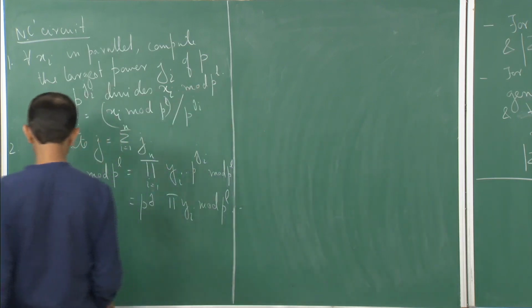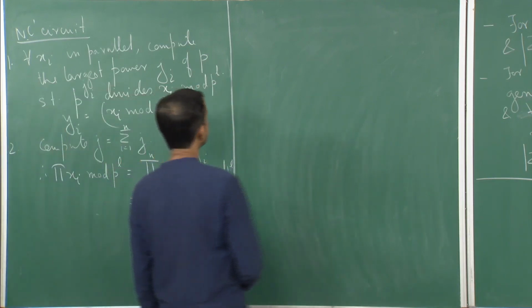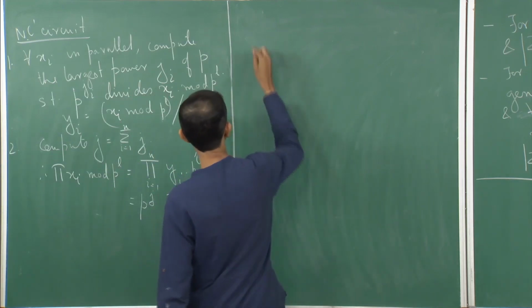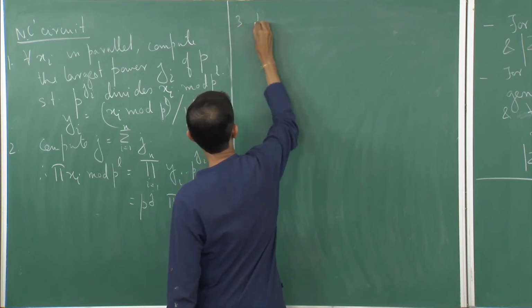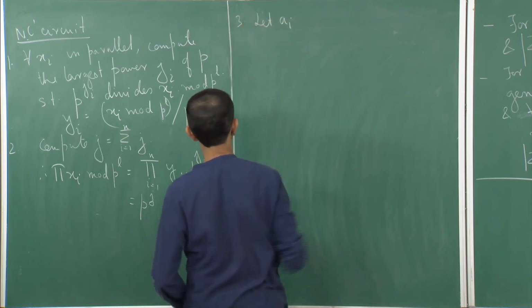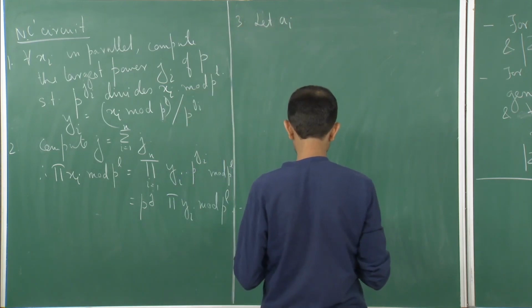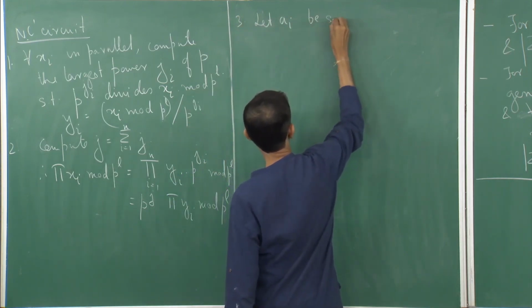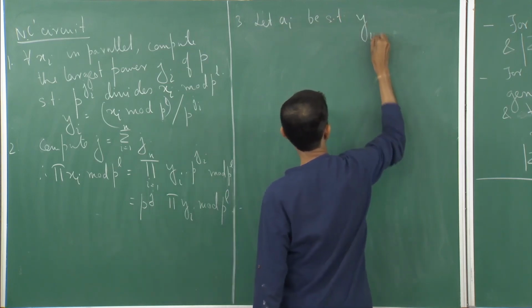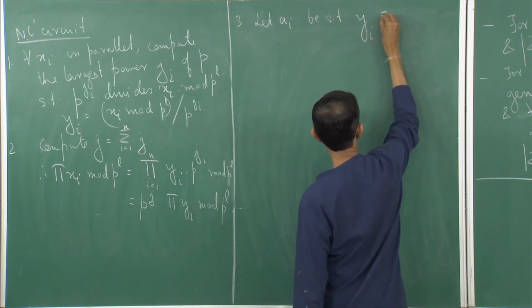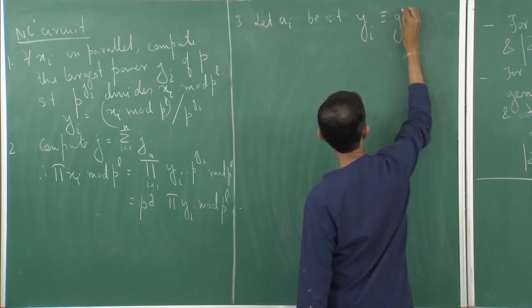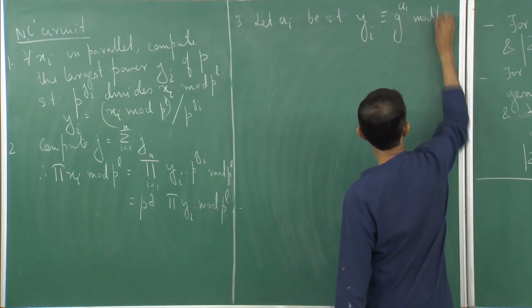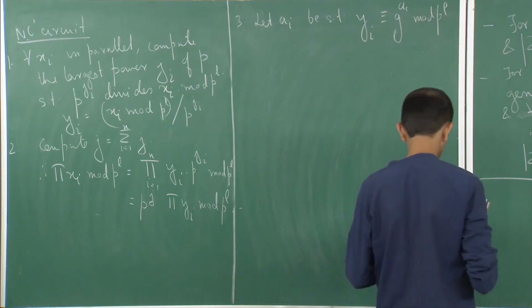So as I said, let ai be such that yi is congruent to g to the power ai mod p to the power l.